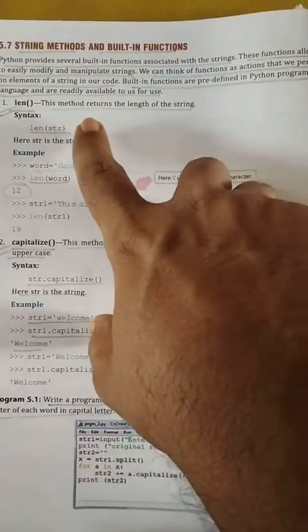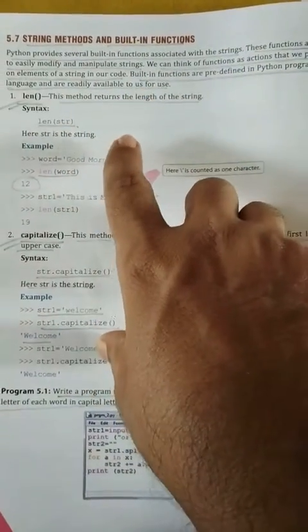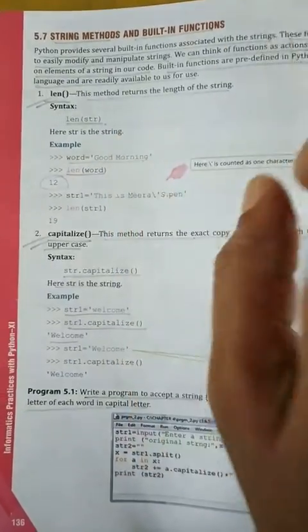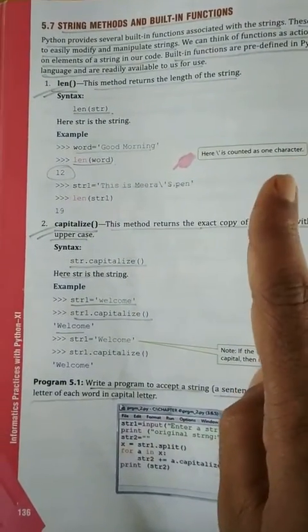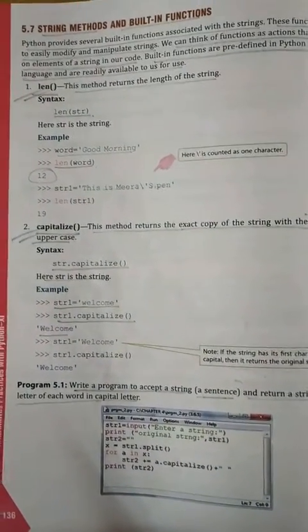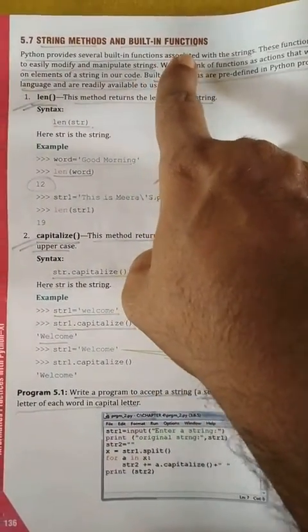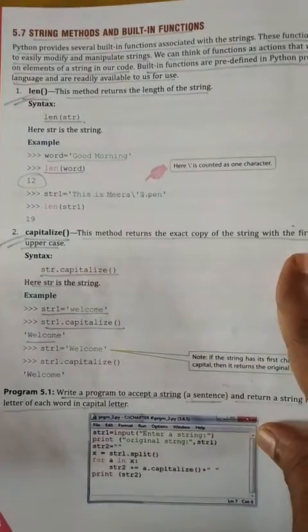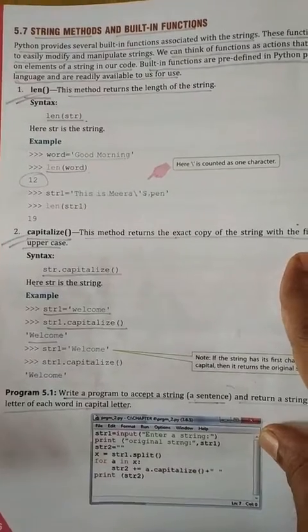So it is a very good practice for using the inbuilt functions or user defined functions. User defined functions are those which have been written by the programmer. But inbuilt functions are those functions which are already present within the Python programming language, right?